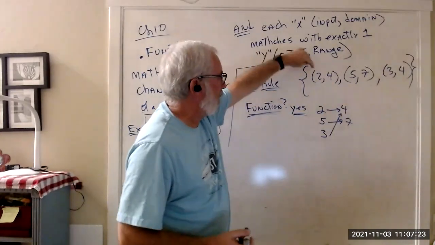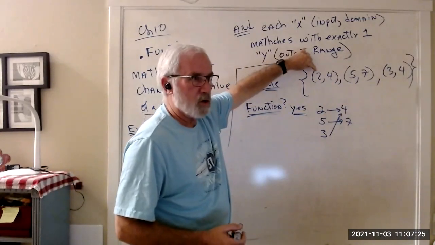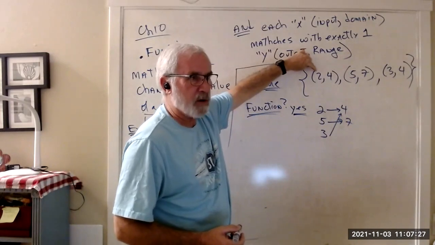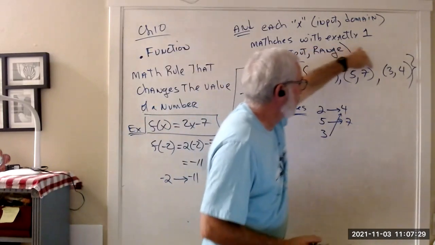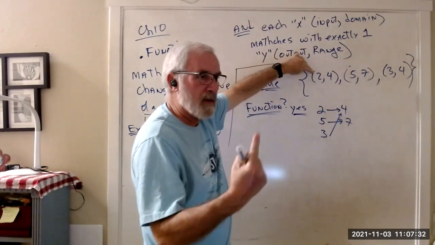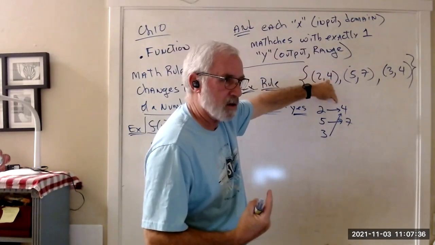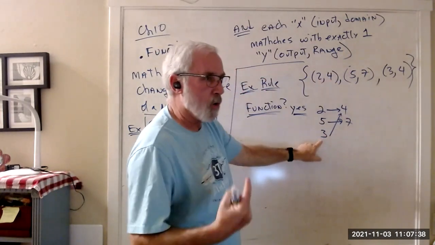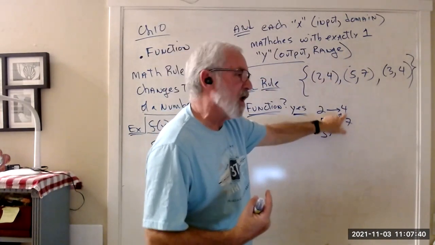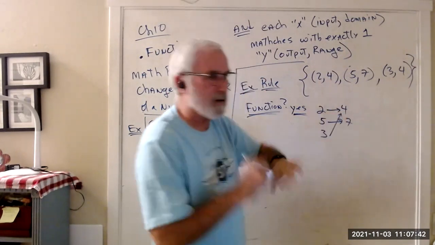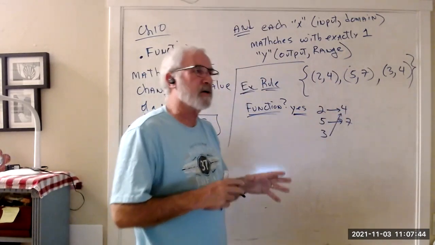It's if I call out 2, how many numbers does it match with? Looking at the whole thing, 2 only matches with a single number. 3 only matches with a single number. The fact that these 2 match the same number doesn't matter.